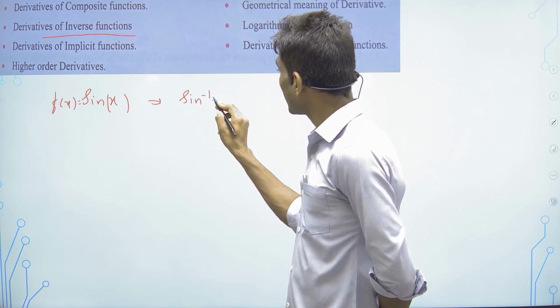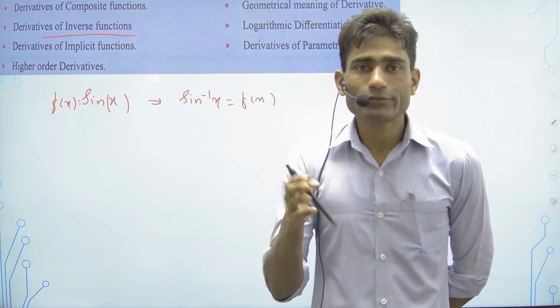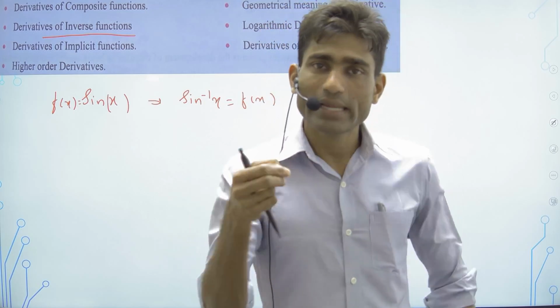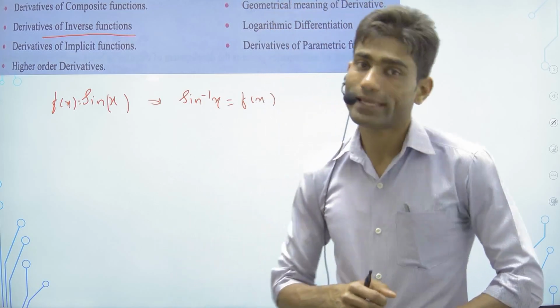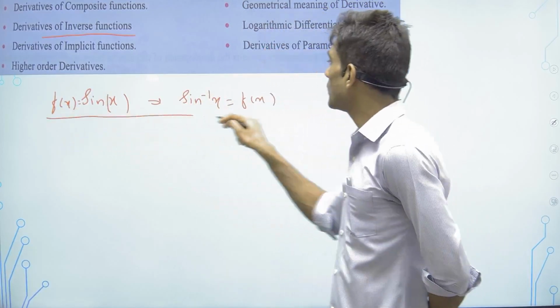That means the image from domain to codomain, or pre-image from codomain to domain, is considered as the inverse of our given function. So you all have to understand the meaning of the inverse of a function.